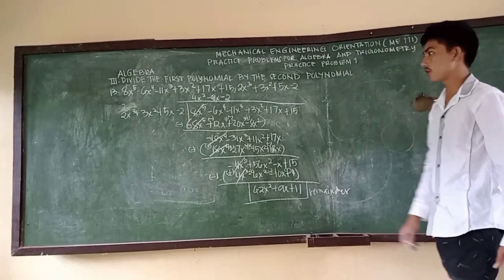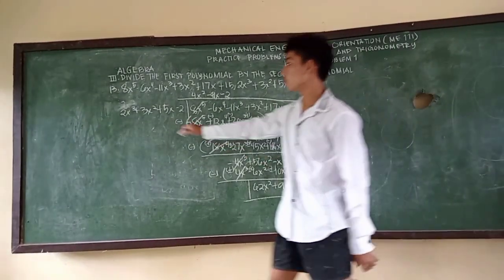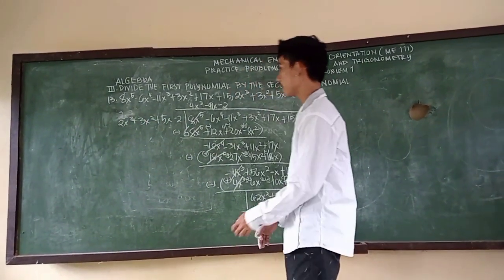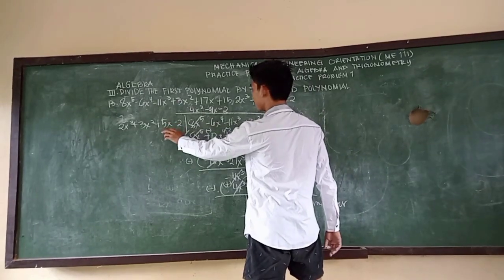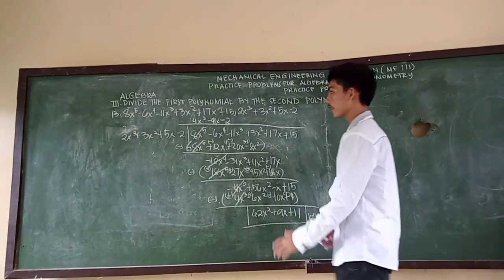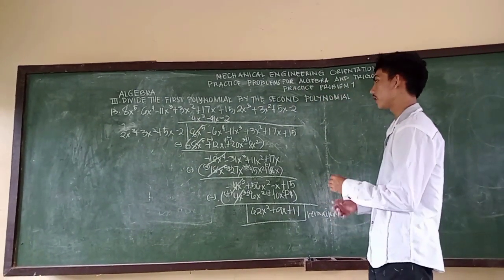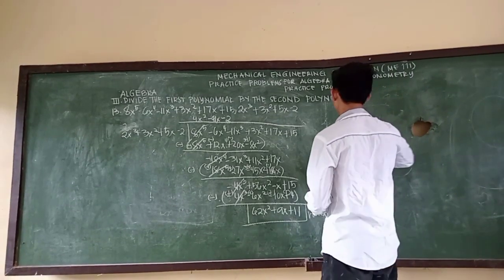To check if our answer is correct, we will multiply 2x cubed plus 3x squared plus 5x minus 2 with 4x squared minus 9x minus 2.